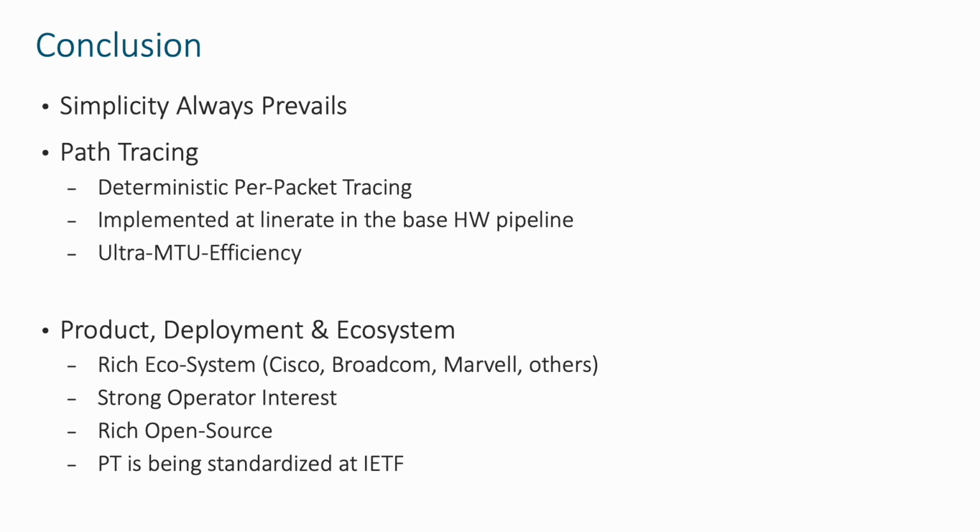To conclude, simplicity always prevails. Path tracing provides a deterministic solution to tell you on which path the packet has been forwarded, plus the timestamp and the interface load at each hop. It is implemented in the most basic router forwarding pipeline.